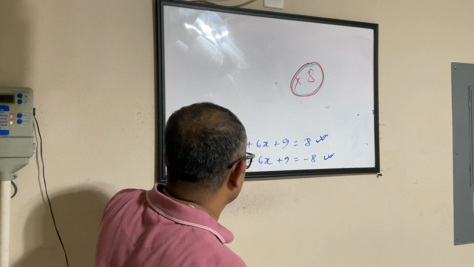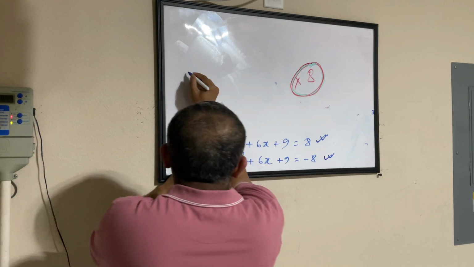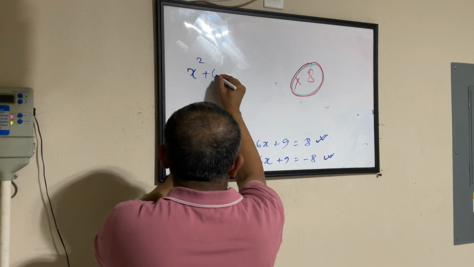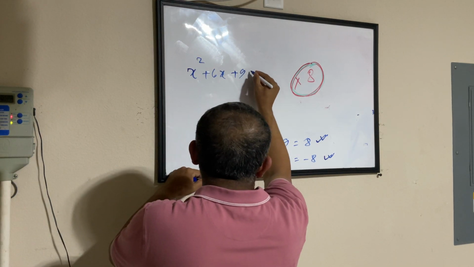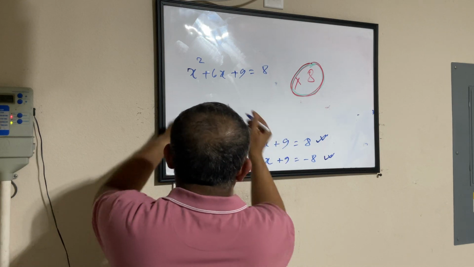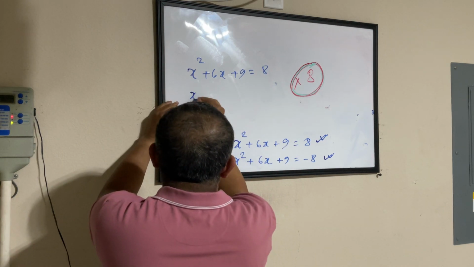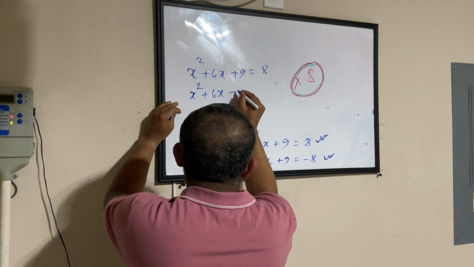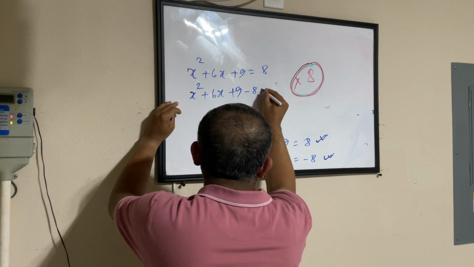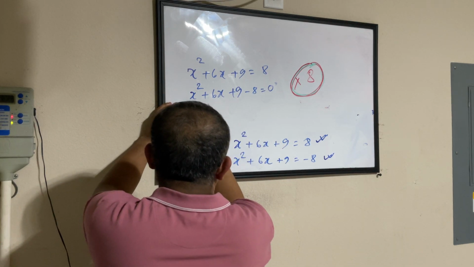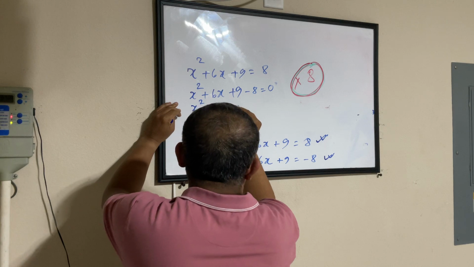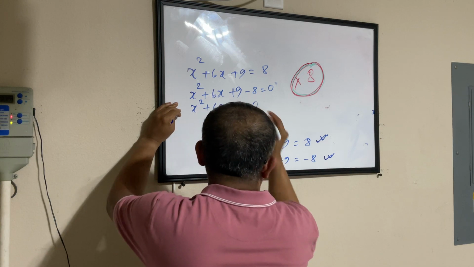When I look at this equation, this is x squared plus 6x plus 9 equal to 8. So if I bring everything to one side, that becomes x squared plus 6x plus 9 minus 8 equals 0. So this is x squared plus 6x plus 1 equals 0.